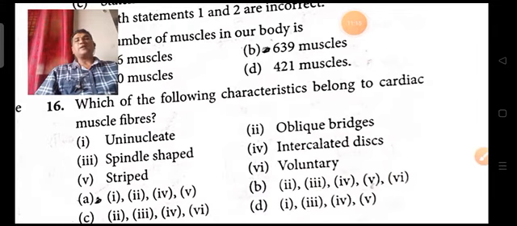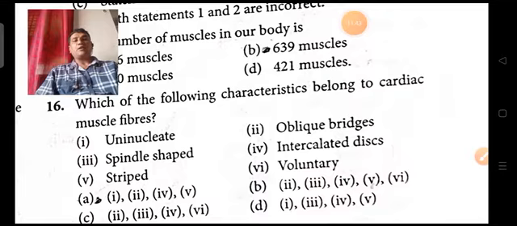The nucleus in cardiac muscle is single, so they are uninucleate, and they have oblique bridges, and they have the branching structures, that is intercalated discs, and they have stripes in the body, and they are involuntary.